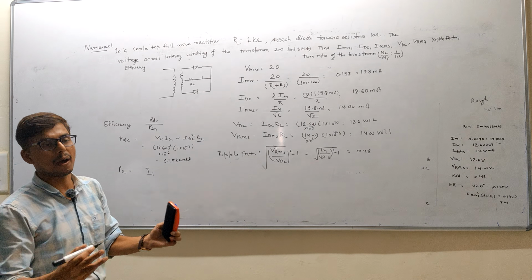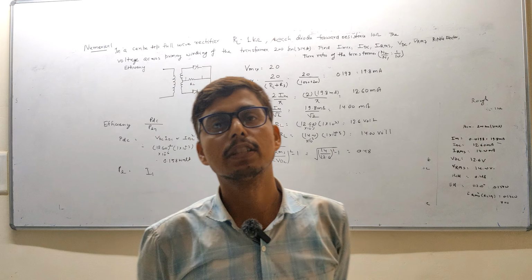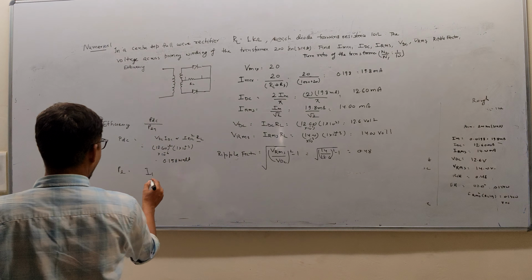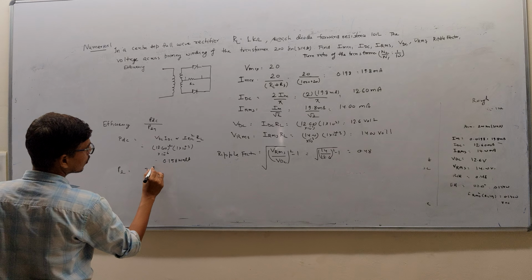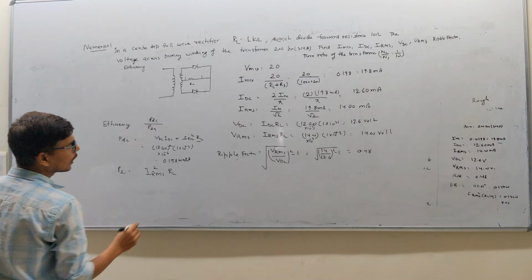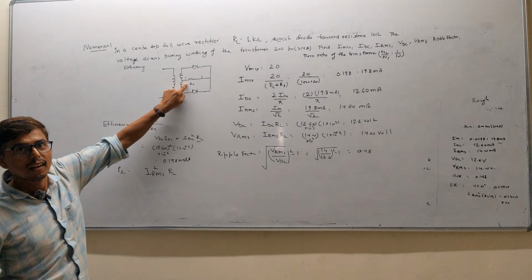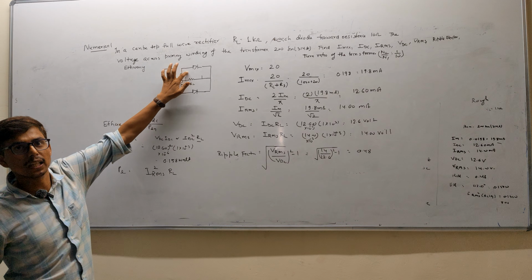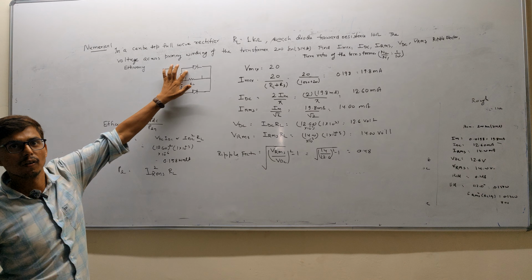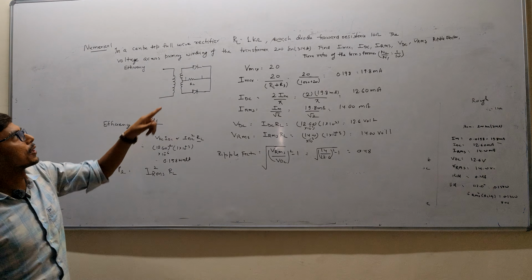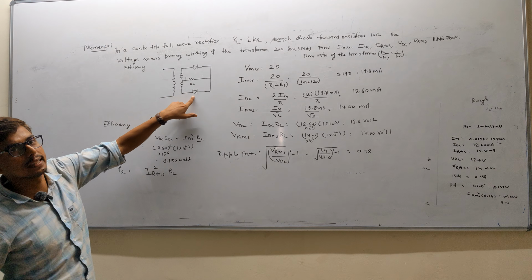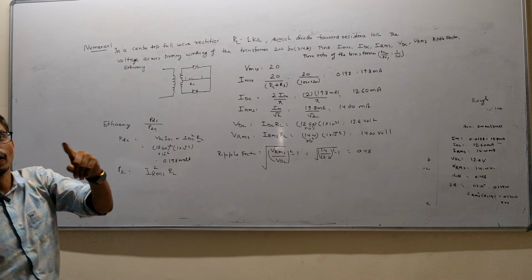Whenever you calculate total power, always use the RMS value. So IRMS square RL. This power is only in RL, but there is also power consumption in the diode. In the positive cycle one diode conducts, in the negative cycle the other. In each cycle one diode is on.